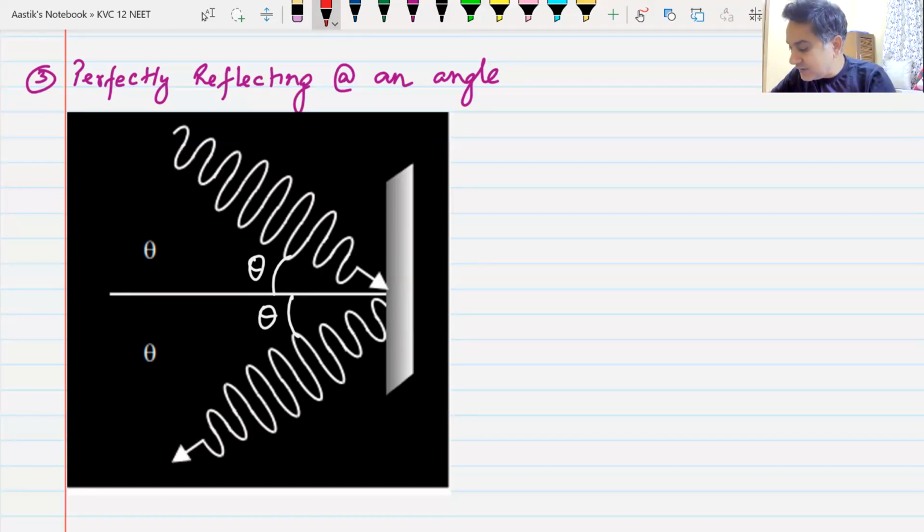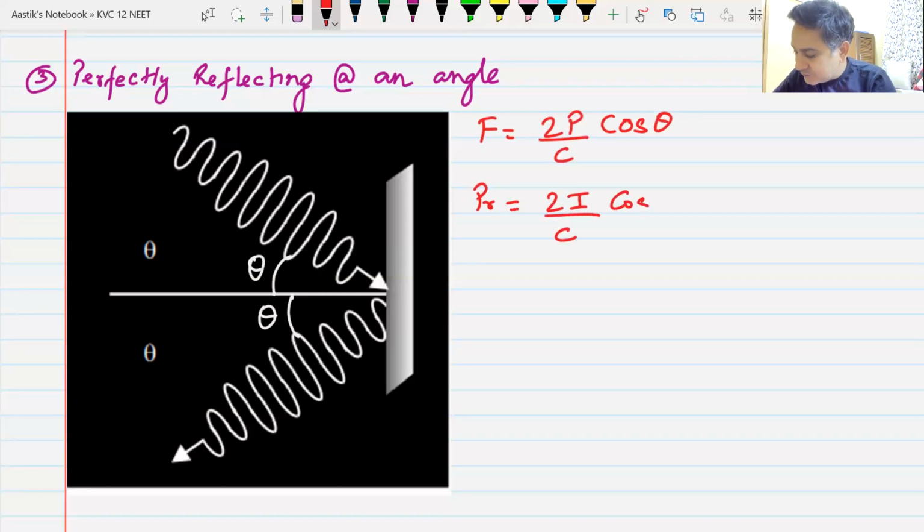So the force in this case is 2P by c cos theta. Well done. And pressure is 2I by c cos theta.